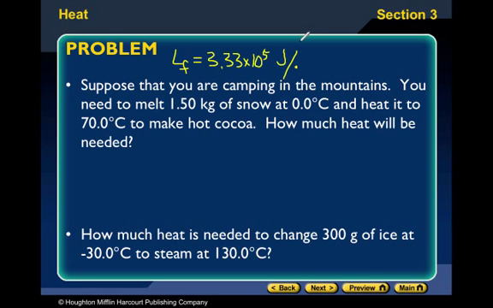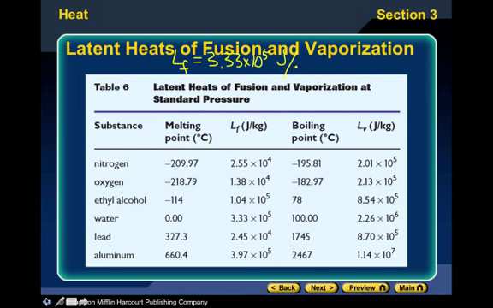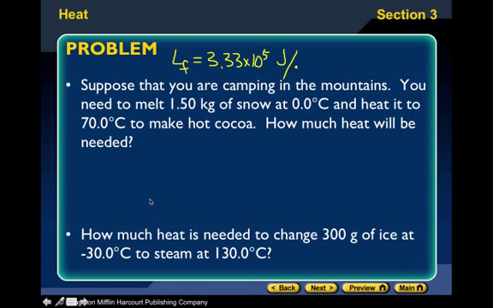Latent heat of fusion, joules per kilogram. So that's just how much energy it's going to take to change this 1.5 kilograms of snow into liquid water. You can use it as a conversion factor, or you can use it as an equation.